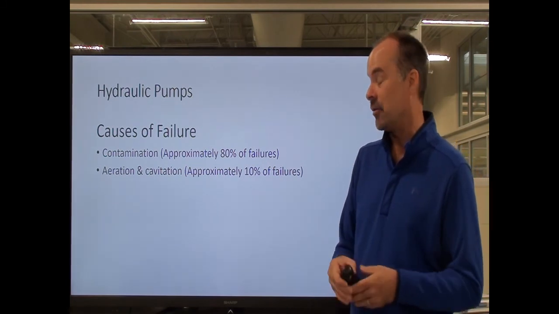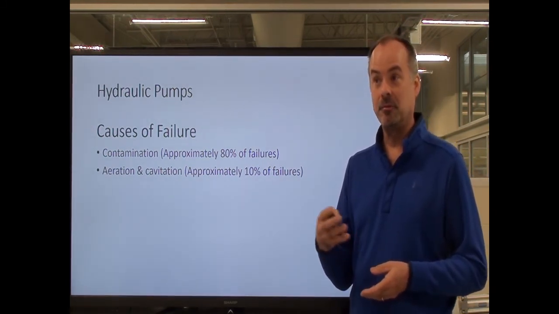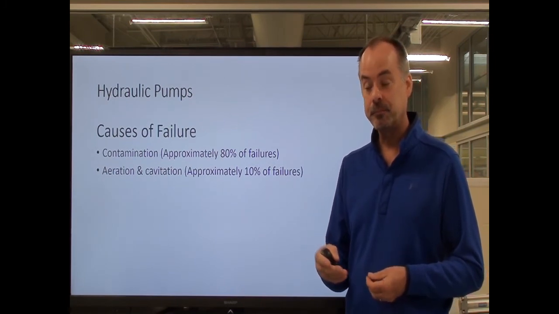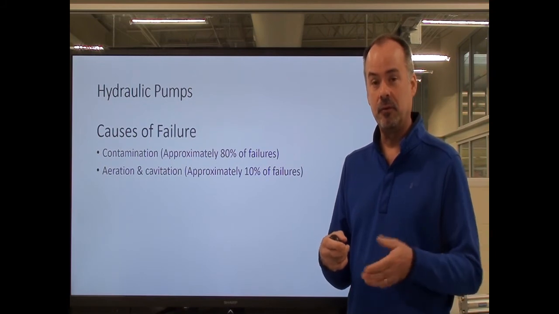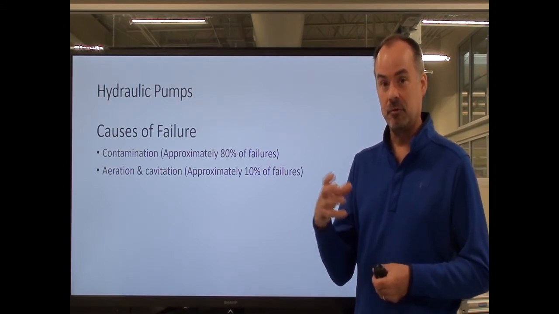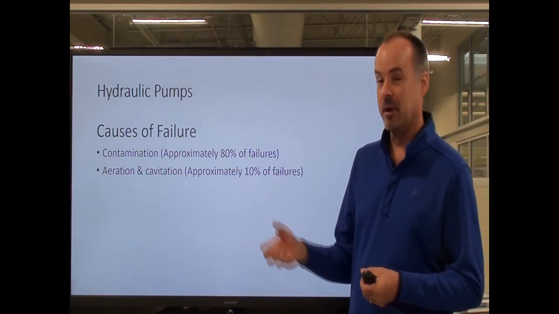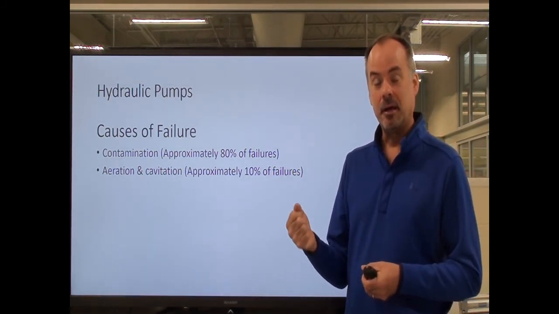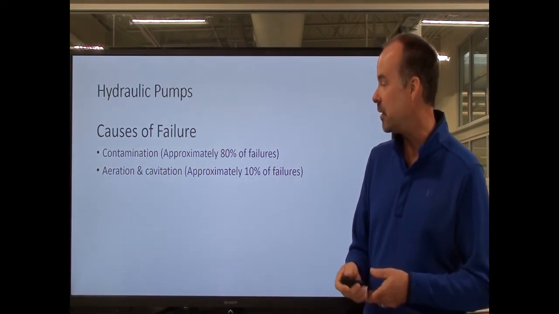Cavitation is also a way of introducing bubbles into the hydraulic oil. We see this from overspinning a pump. If you're trying to move the fluid too fast, it creates bubbles inside the fluid, and the same thing happens as with aeration. Those bubbles will implode and cause a shock wave inside the pump, and it causes the pump to heat itself up.